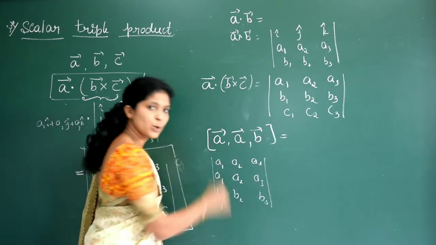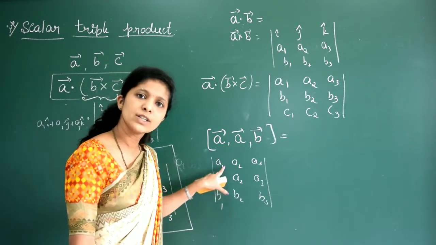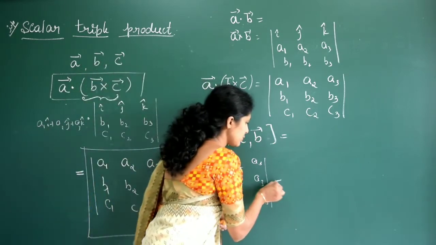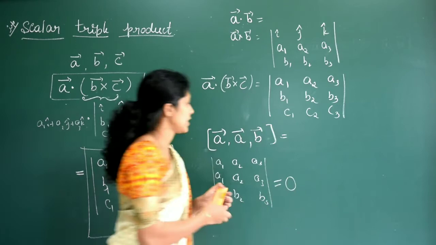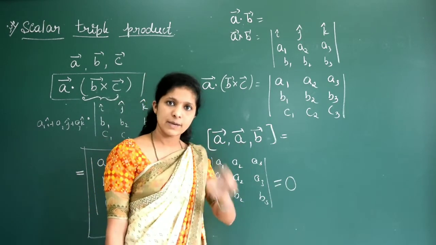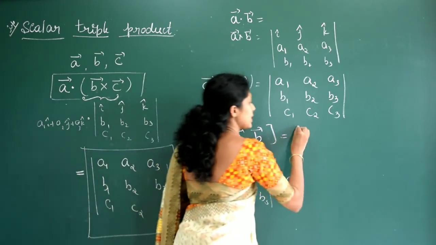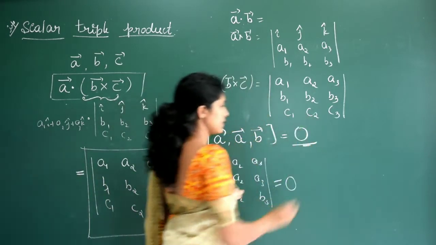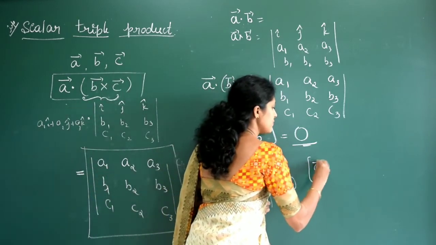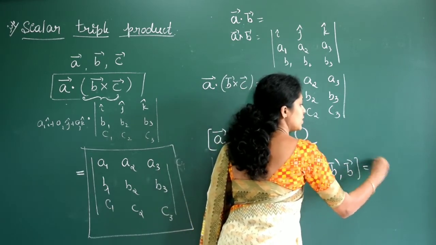What about the determinant of this matrix? Here two rows are equal. Whenever two rows are equal, the determinant is equal to 0. So whenever you find the scalar triple product with a repeated vector, the product will be equal to 0. Remember this. With A vector, A vector, B vector, or A vector, B vector, B vector, the coefficients will be the same, so this is also equal to 0.